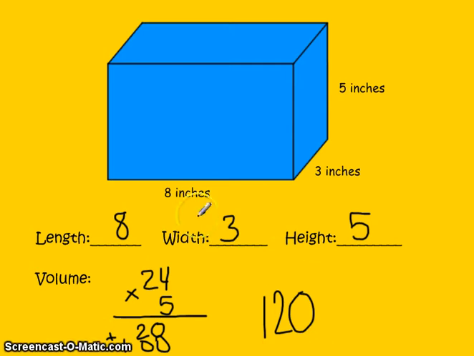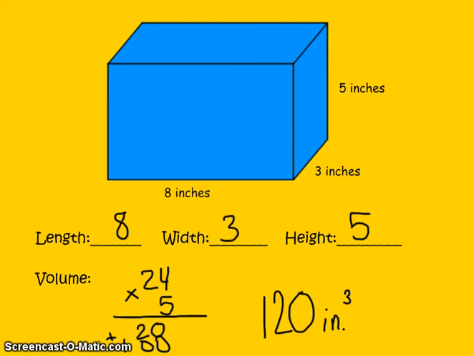So since we used inches 3 times, we're going to measure in inches cubed, or cubed inches. To show that, I'm going to make my inches, and then put a little 3 up here, and that lets me know there were 3 inches, 1 for the length, 1 for the width, and 1 for the height. So whenever we measure volume, we measure it in cubed inches.